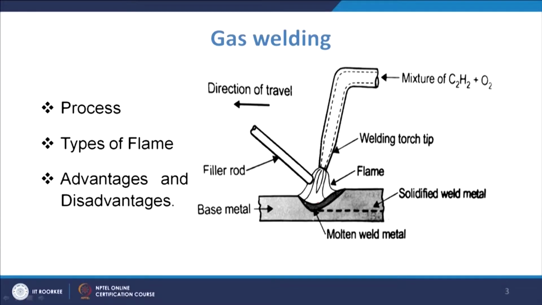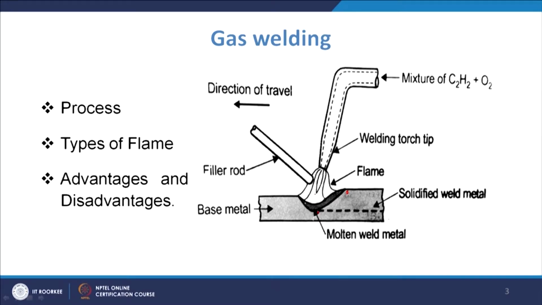You have a filler rod kept in this fashion, so that when the filler rod gets melted, the groove here will be filled with the melted filler rod, as well as some part of the parent metal, which will be melted at the boundary.